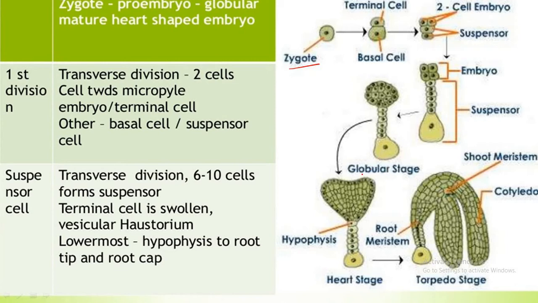Right, so this stage is the globular stage. This is the hypophysis. Here you can see the heart-shaped stage, wherein a heart-shaped structure is being formed, and then later it produces the mature embryo. This is the mature embryo, which has the cotyledon and the root meristematic tissues.